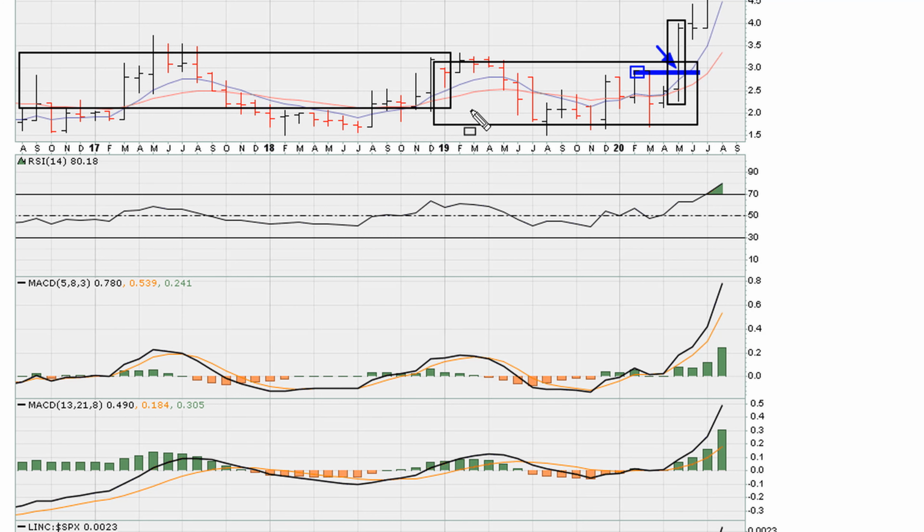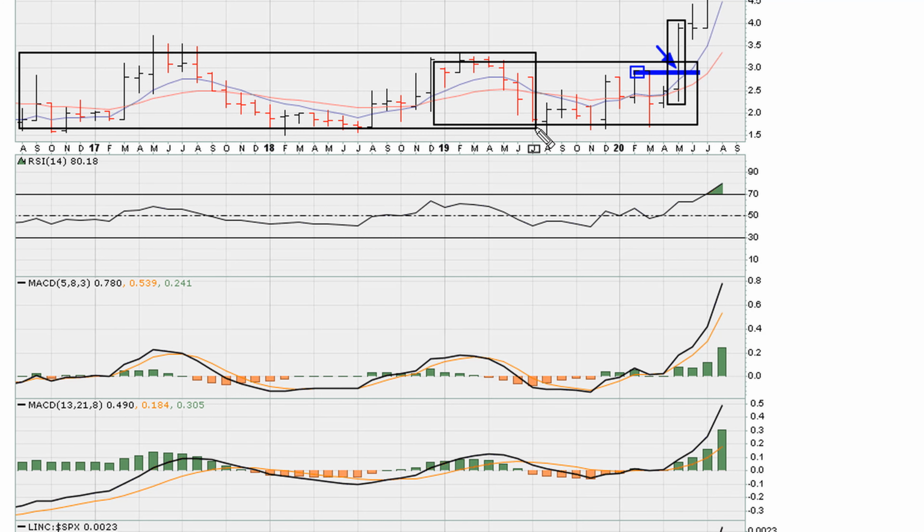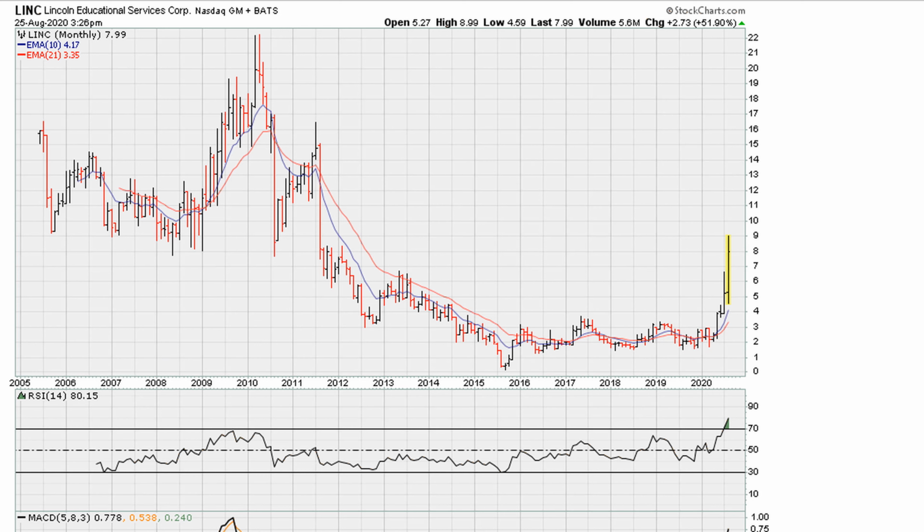In fact, you can even go back. The stock had been sideways for a long time, going back as far as 2016. And here we have all data for the stock so we can understand what is going on. Now, notice there is a period of sideways action. We'll call it somewhere around, it's a huge period.